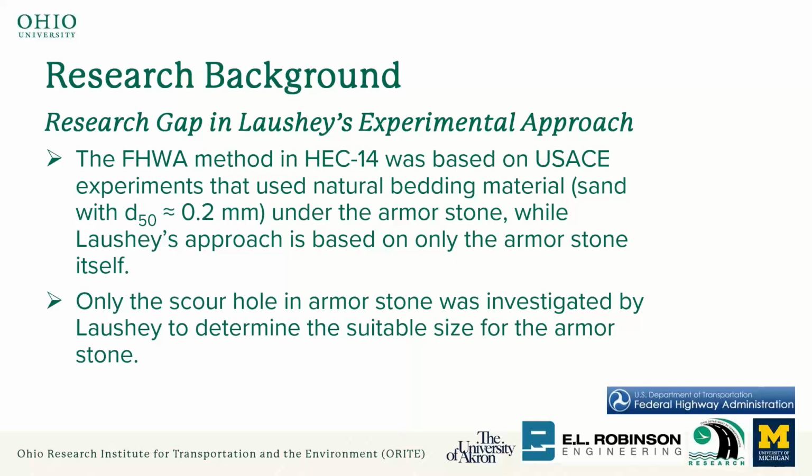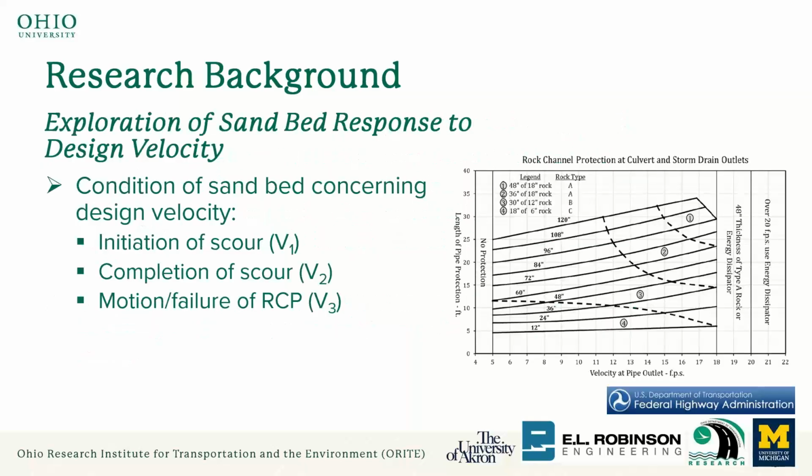So the objective of this study is to see if we can improve or verify the current design. What we decided to do is to have 3 different velocities in our experiments. It's V1, V2, and V3.